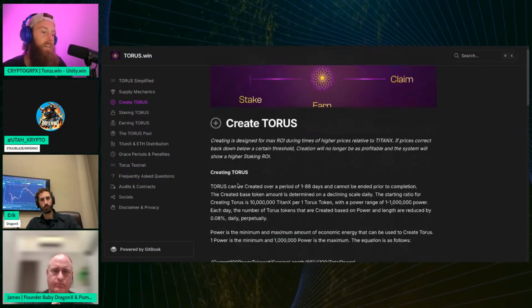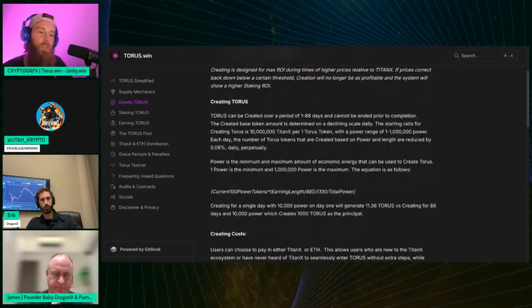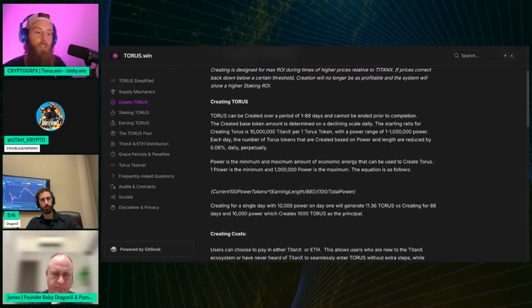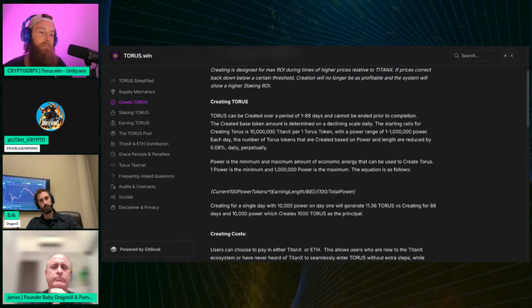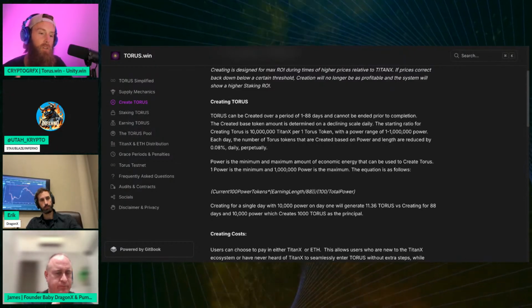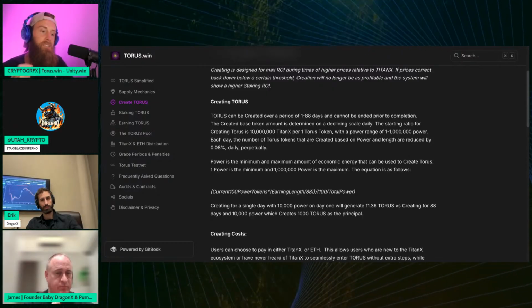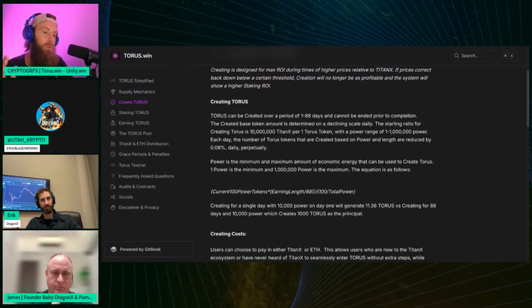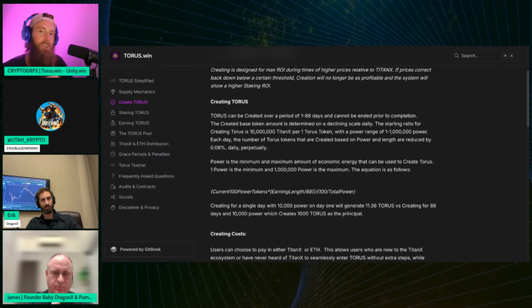So when it comes to creating Torus, there is a maximum of 88 days that you can create over, similar to mining and similar to mining in Hydra or Hyper. Now, the starting ratio for creating Torus is 10 million TitanX per one Torus token on day one, with a power range of 1 to 1 million, which means you can put in, I think it's going to be up to around 1 trillion on day one, all the way down to 1 million TitanX on the first day.